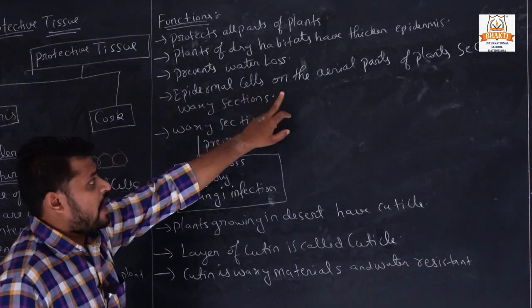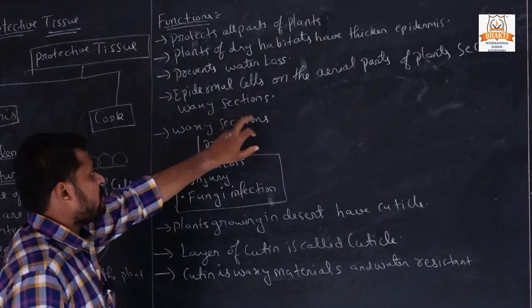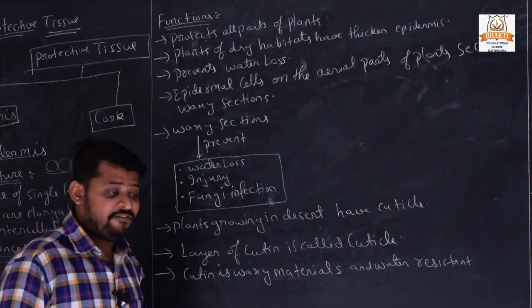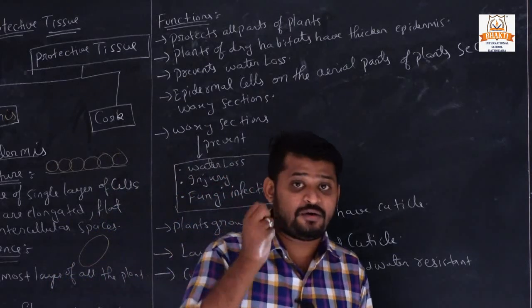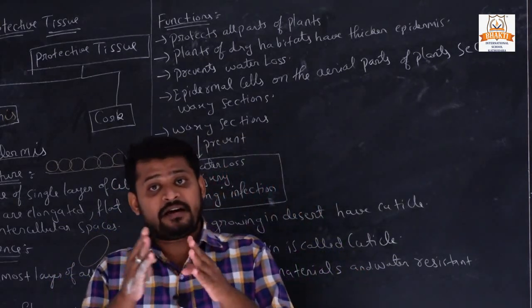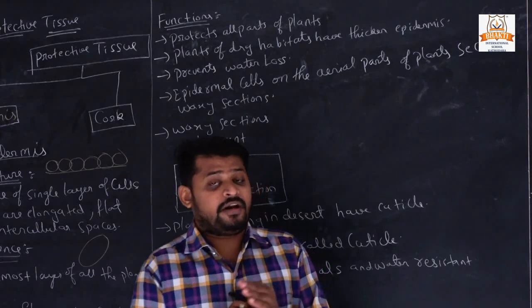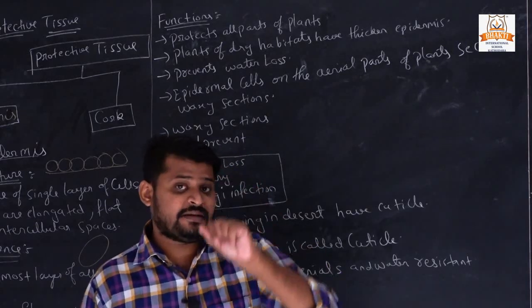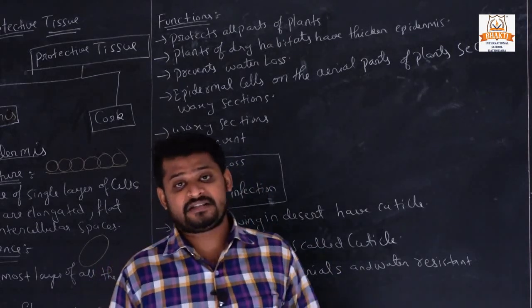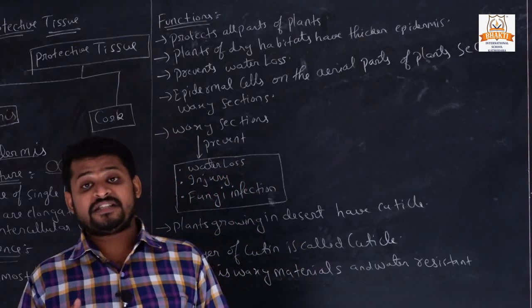Epidermal cells on the aerial part of a plant secrete a waxy substance. If you look at cactus and aloe vera, when we cut their leafy part, what happens? The thick jelly, waxy secretion comes out. What is that?